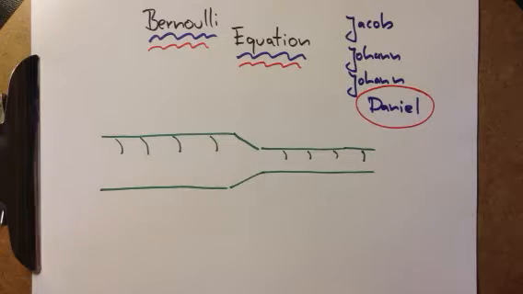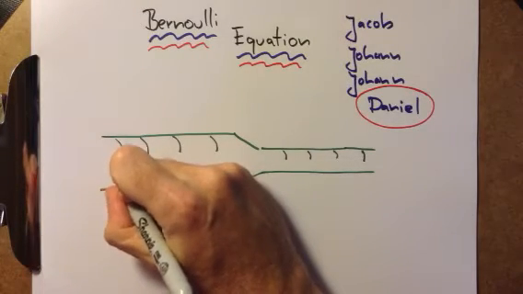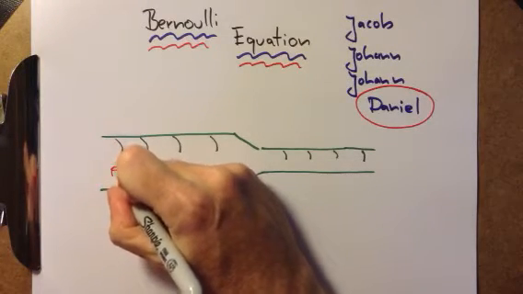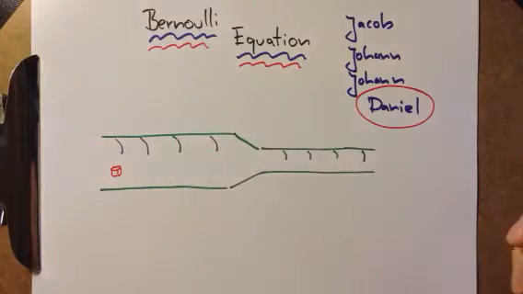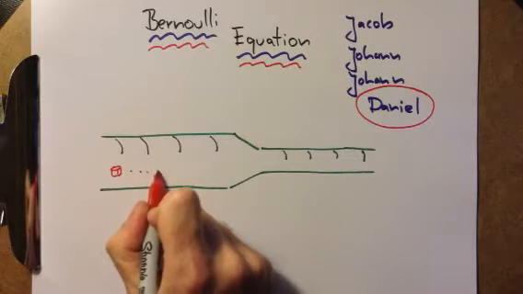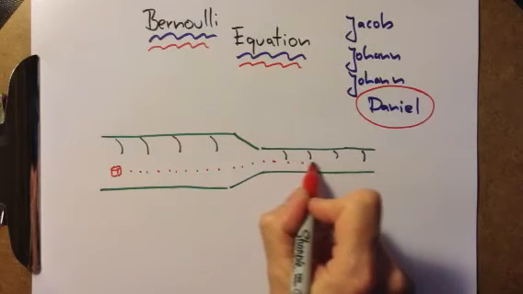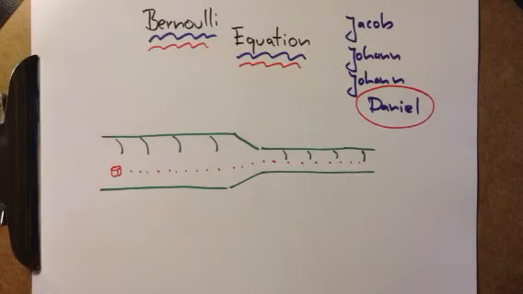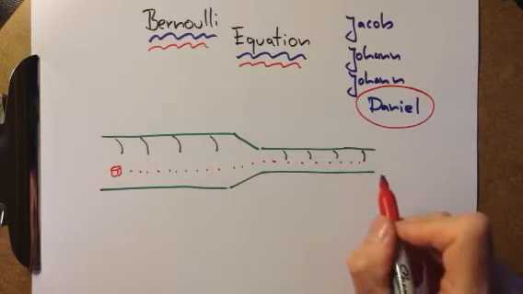The Bernoulli equation considers a tiny volume element. Mathematically, you would say an infinitesimally small volume element as it proceeds through a tube, or more technically speaking, through a laminar flow.